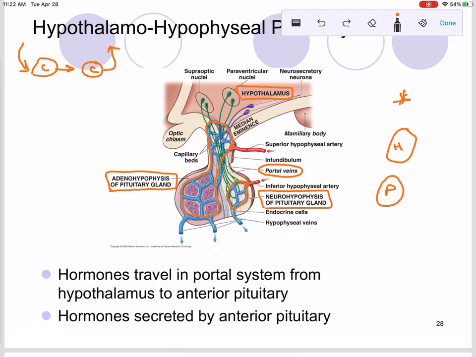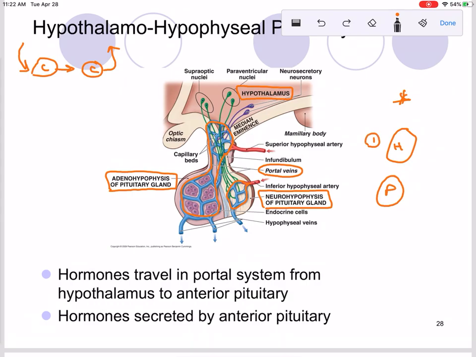So functionally, we're going to talk about this one. Functionally, even though we see on the left here, we have kind of a connection between the hypothalamus and anterior pituitary gland and then a separate capillary bed into the posterior pituitary gland.